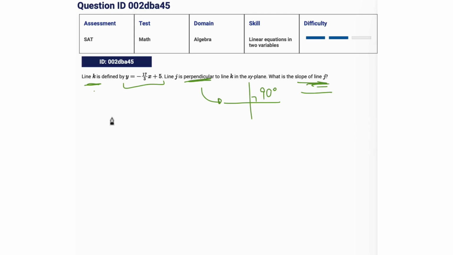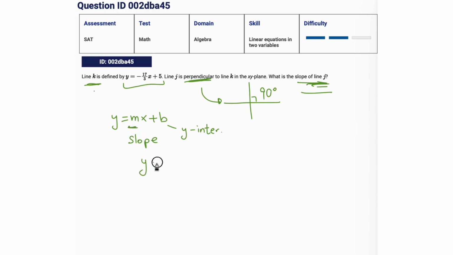So you should know the general equation of a linear function, which is y equals mx plus b. m is the slope and b is the y-intercept.